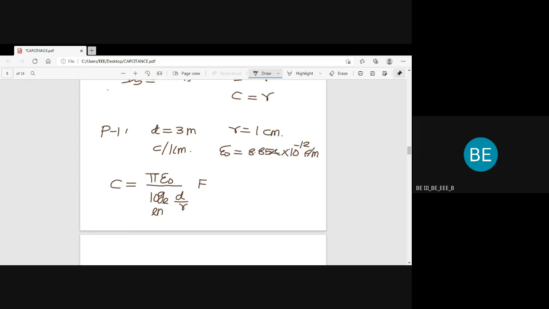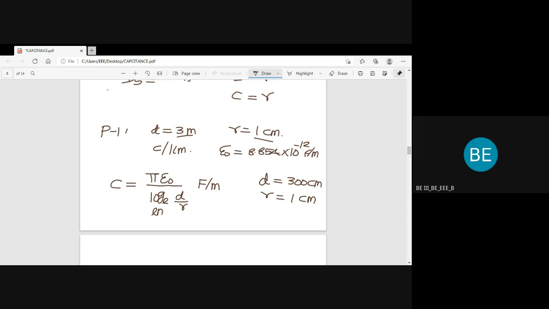So we know all the values: d value we know, r value we know, epsilon value we know. The only thing is that one is in meter and the other in centimeter, so convert into any one quantity, either meter or centimeter. I will convert into centimeter. So d I am considering 300 centimeter, radius I am considering 1 centimeter.